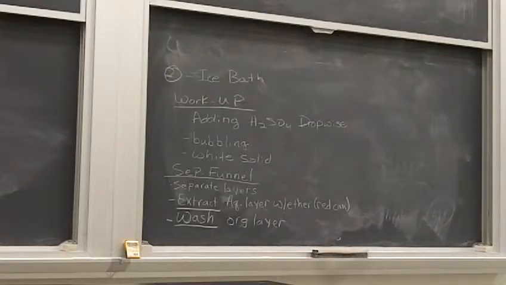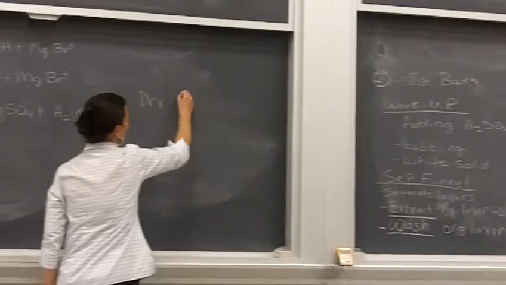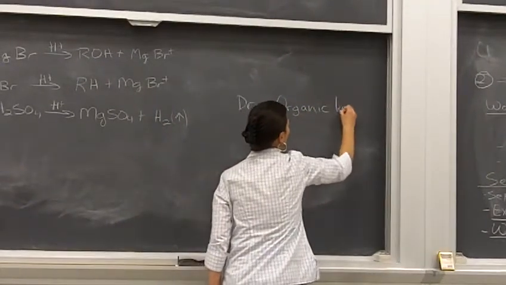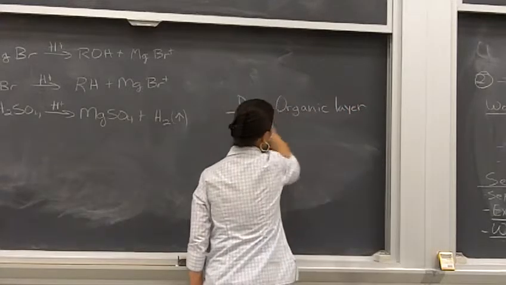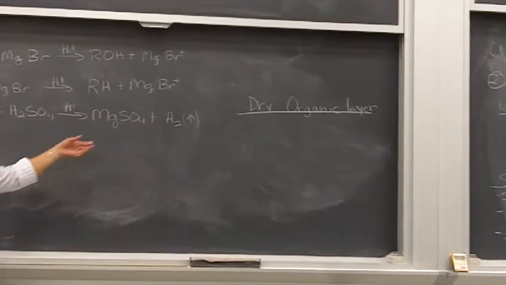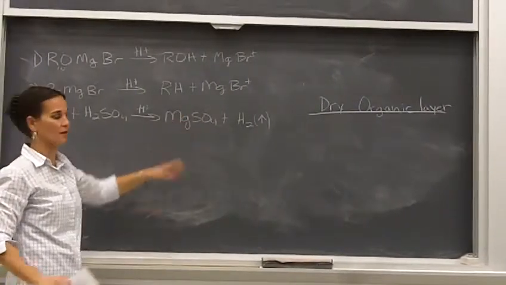So then, what we need to do is something we haven't done before, which is dry our organic layer. And we're going to dry it with magnesium sulfate. So in one step, we're making magnesium sulfate. We're not using any of this magnesium sulfate.